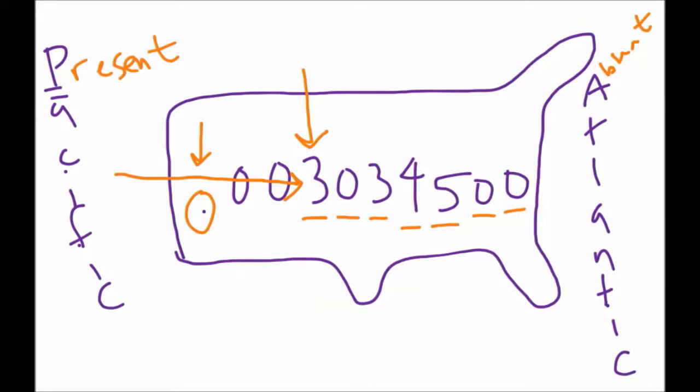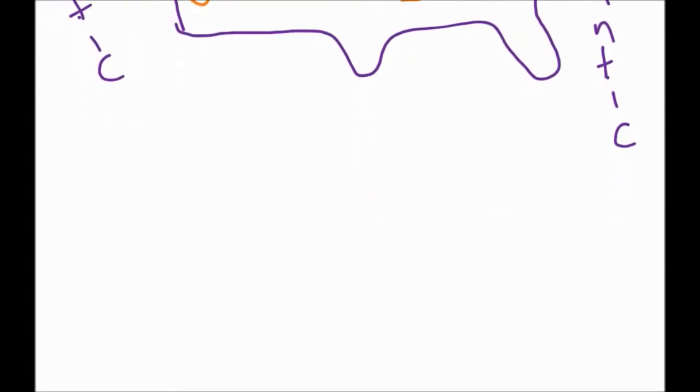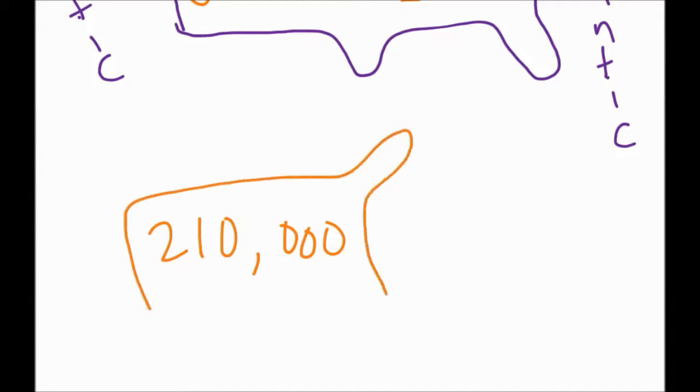Let's look at a number where there is not a decimal that we can see. So let's look at 210,000 ribbons. That's the example I've given you. So here is our US.